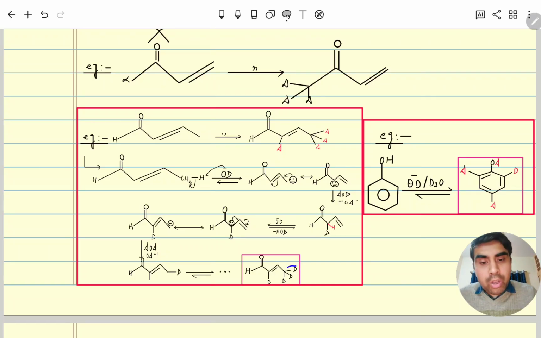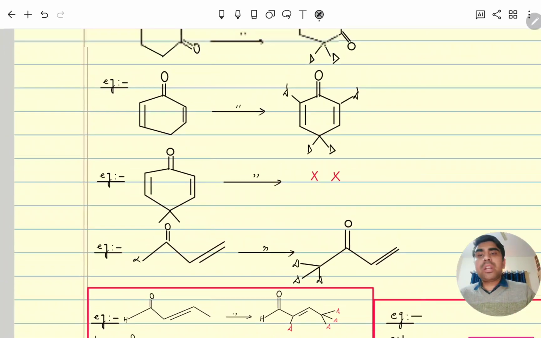So you can see all that gamma hydrogen also exchanges with deuterium. I discussed that the carbon-deuterium bond is more stable, that's why it is more favorable and deuterium exchange is happening. And here at alpha, even though it is sp2, deuterium exchange happens with the help of the resonating structure. Is that clear? This negative charge is traveling to the third position.